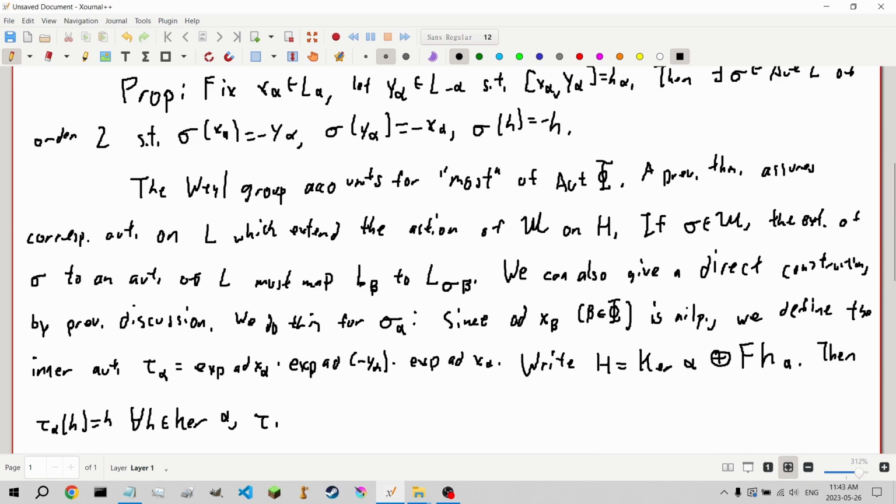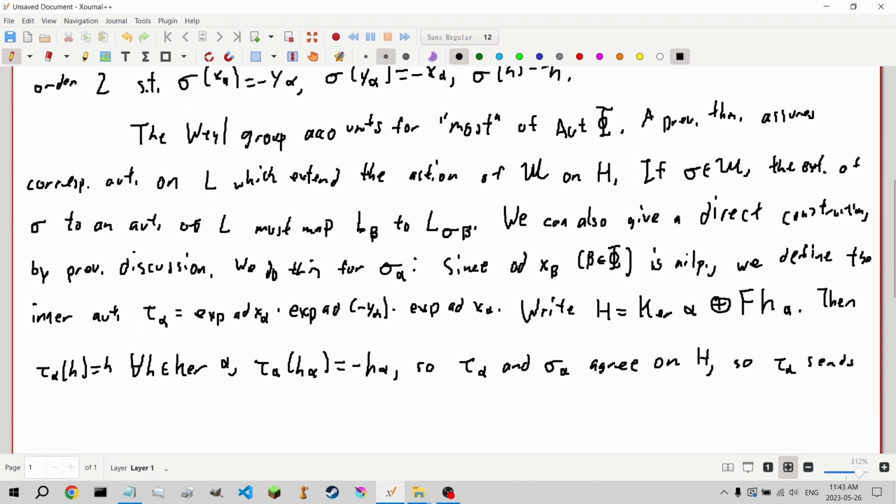And tau alpha of h alpha is going to be negative h alpha. Which means that tau alpha and sigma alpha agree on h. So tau alpha sends the root space of beta to the root space of the image of beta under sigma alpha.